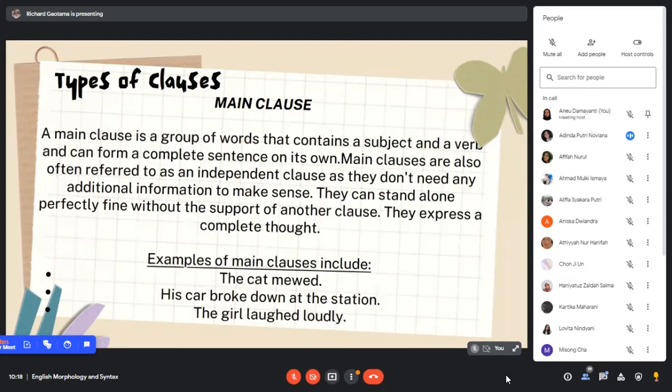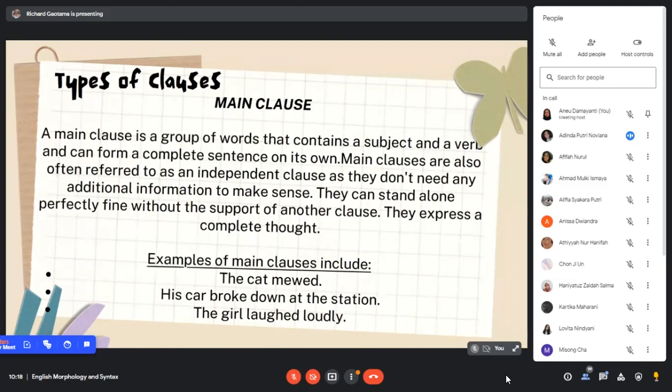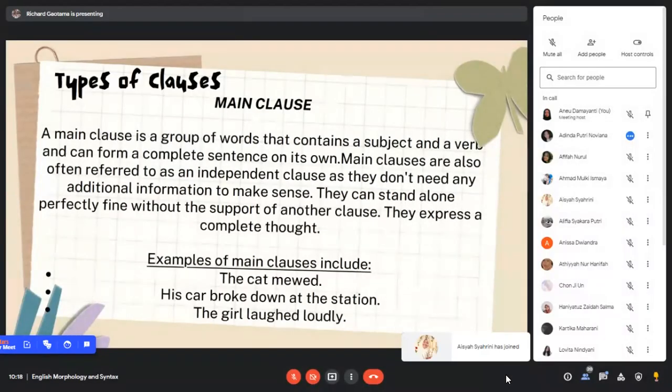So there are three, sorry. First is the cat moved, his car broke down at the station, and the girl laughed loudly. So main clause is similar to subordinate clause, and adjective clause is an independent, the main clause consists of two main clauses or a main clause and another type of clause.